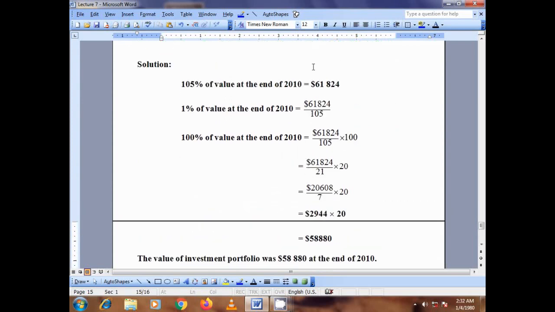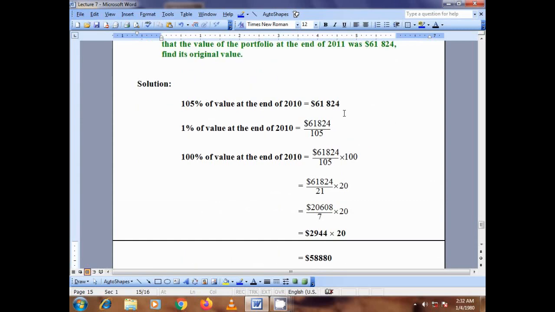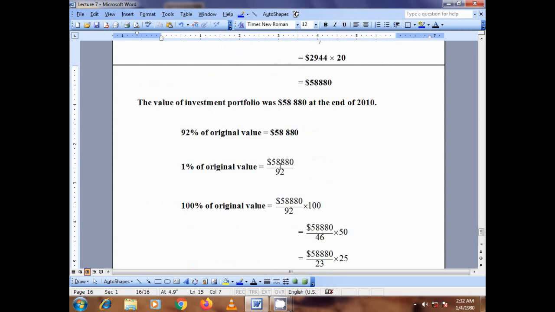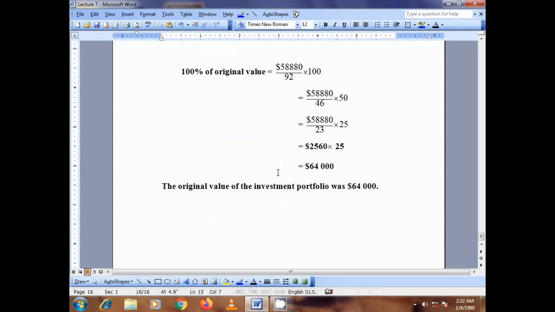After that, an increase of 5%. This value 58,880 became $61,824. So that's it for today. Thank you so much.